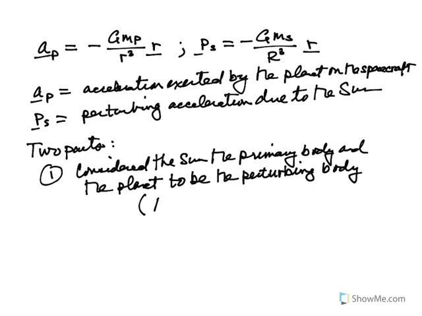And that led to what we called A sub s and capital P, which A sub s was the acceleration due to the sun, and P sub p was the perturbing acceleration due to the planet.